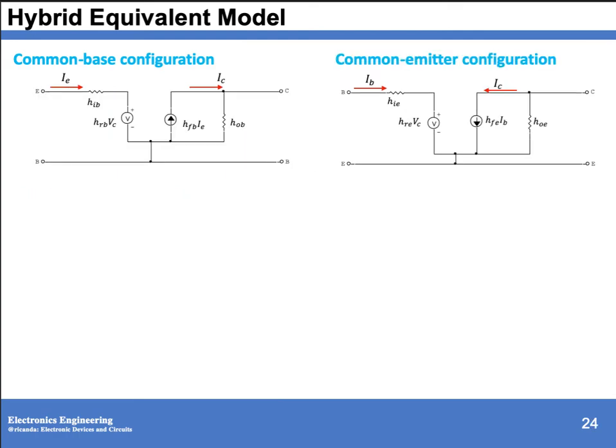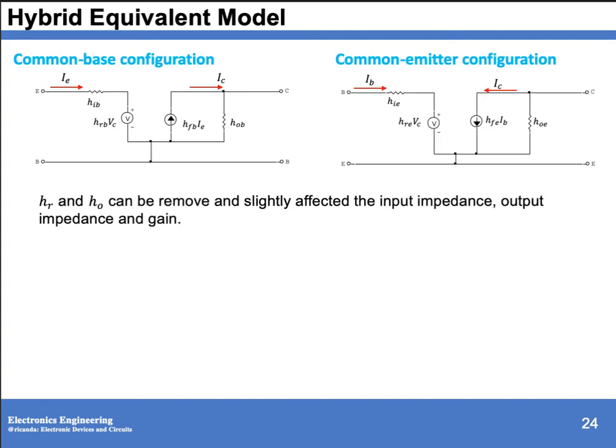Then HR, which is your reverse ratio, and HO, your output conductance, can be removed. And if we remove this HR and HO, it can slightly affect the input impedance, output impedance, and gain.